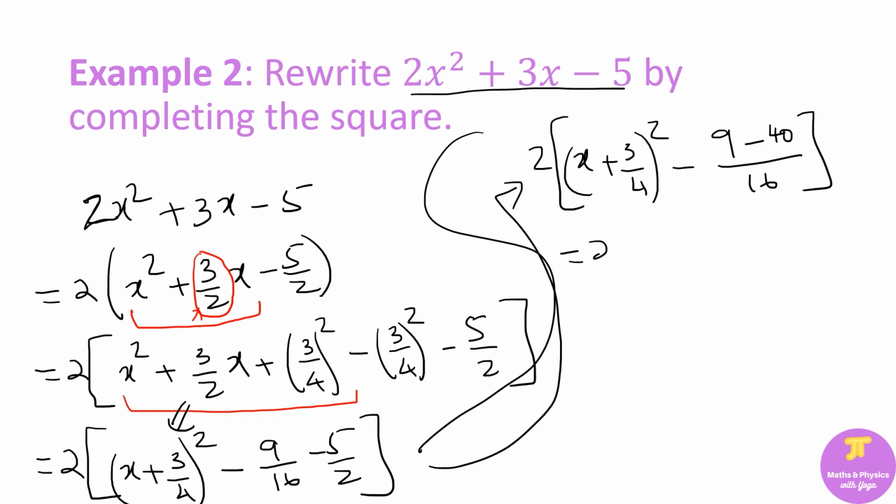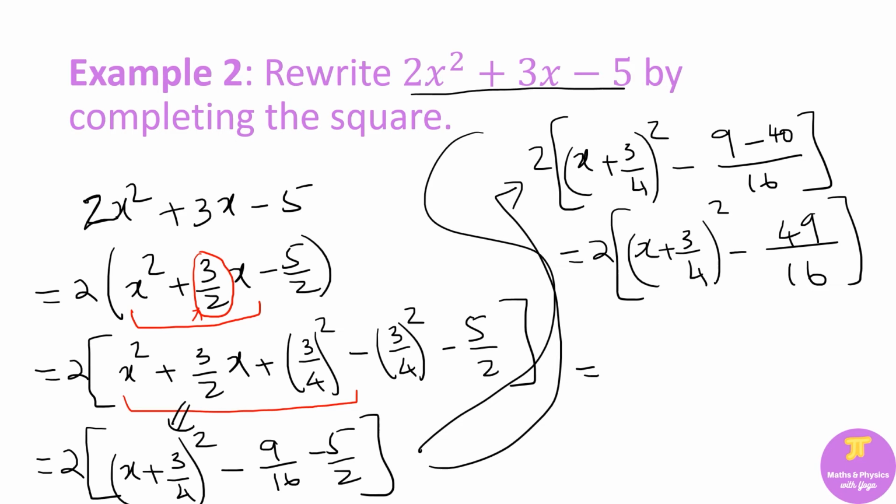So let's write the 2 outside: 2 times, (x + 3 over 4) squared minus, if you take a 16 outside, minus 9 minus 40, minus 49 over 16. And now we can expand this one. We can bring the 2 inside, so it will be 2 times (x + 3 over 4) squared minus, the 2 will multiply inside as well, so it will be 49 over 8. So this is the answer.